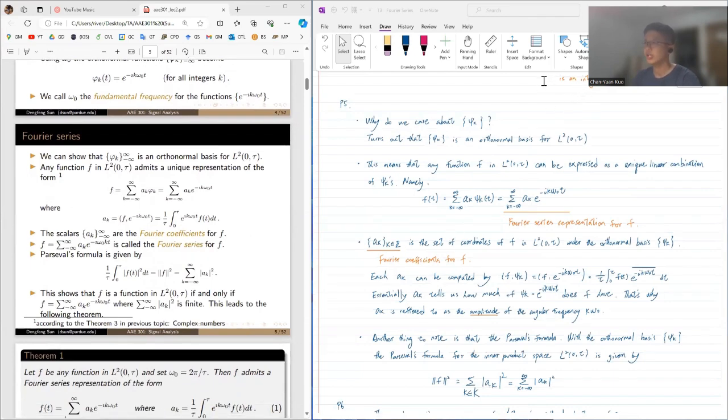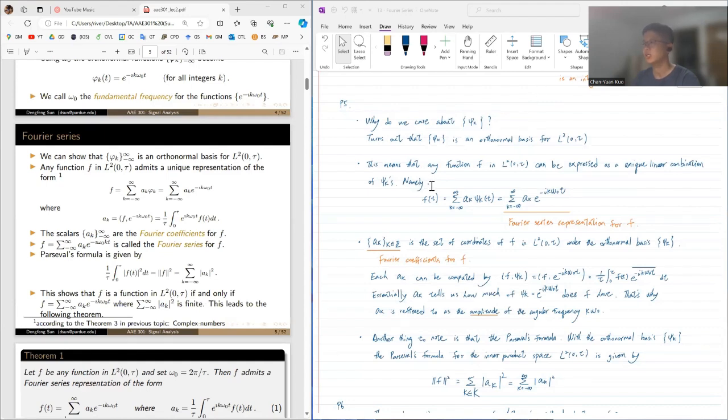Now, you may be wondering, why do we care so much about this set of functions or vectors? It turns out that this set of vectors or functions, psi k's, is an orthonormal basis for the Lebesgue space. This means that any function f in the Lebesgue space can be expressed as a unique linear combination of psi k's.